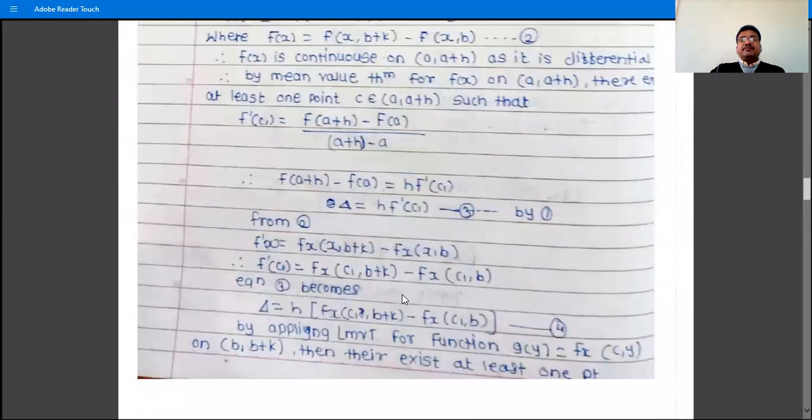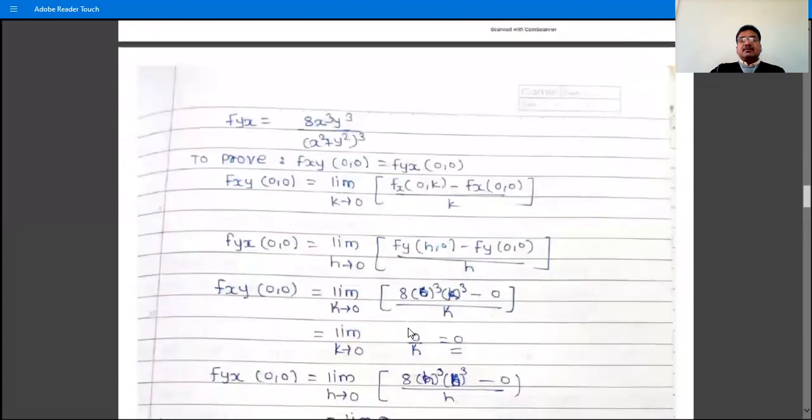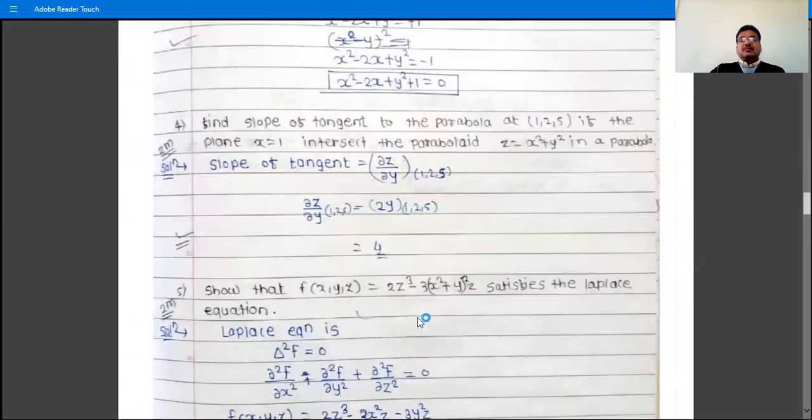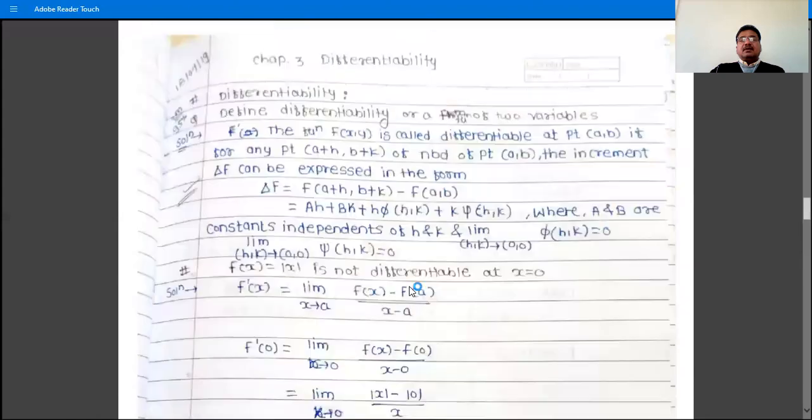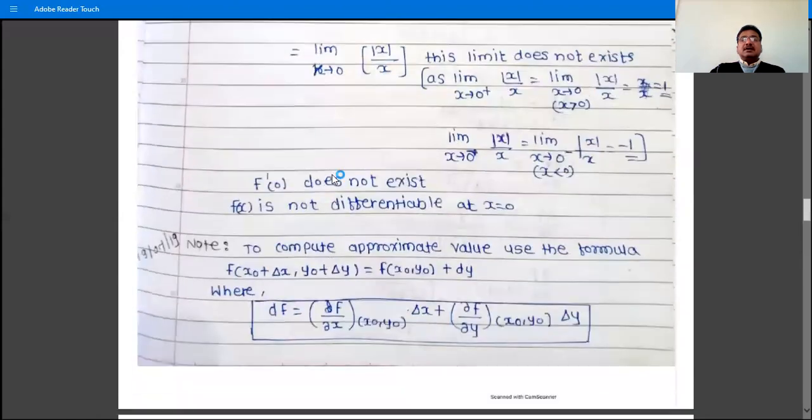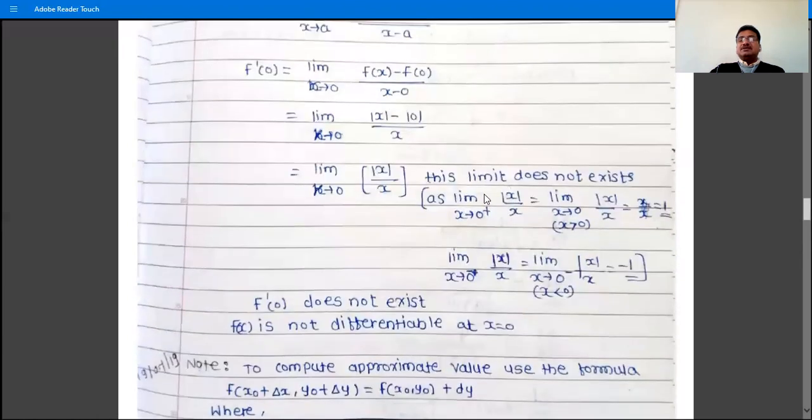differentiability, here, that is the limit as x tends to 0 of |x|/x, does not exist, because the limit as x tends to 0 plus of |x|/x is as follows. x tends to 0 plus means x is greater than 0, and if x is greater than 0 then the value of |x| is itself x, x by x is 1, and the limit of 1 is 1.